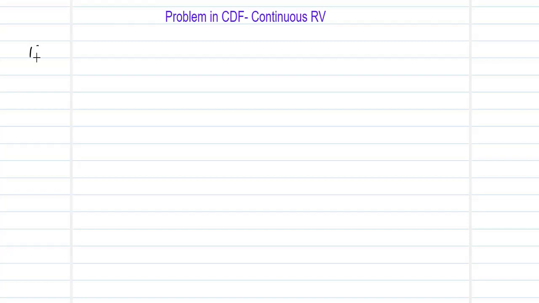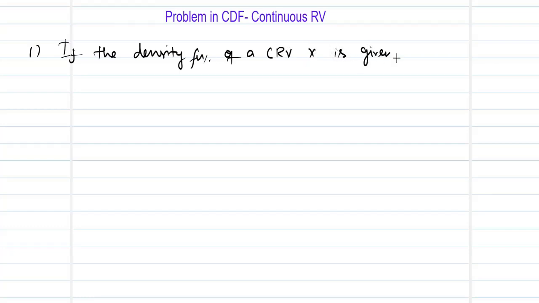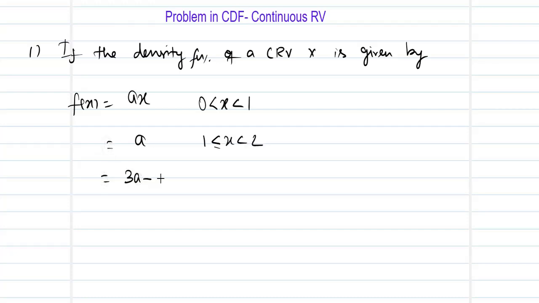Problem number 1, which says: if the density function of a continuous random variable x is given by f of x equal to ax for 0 less than x less than 1, equal to a for 1 less than x less than 2, equal to 3a minus ax for 2 less than x less than 3, and is going to be 0 elsewhere.